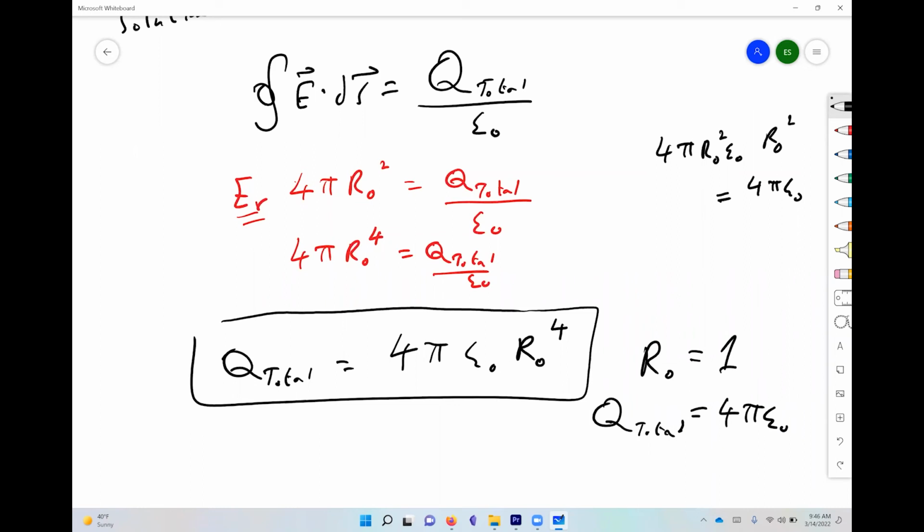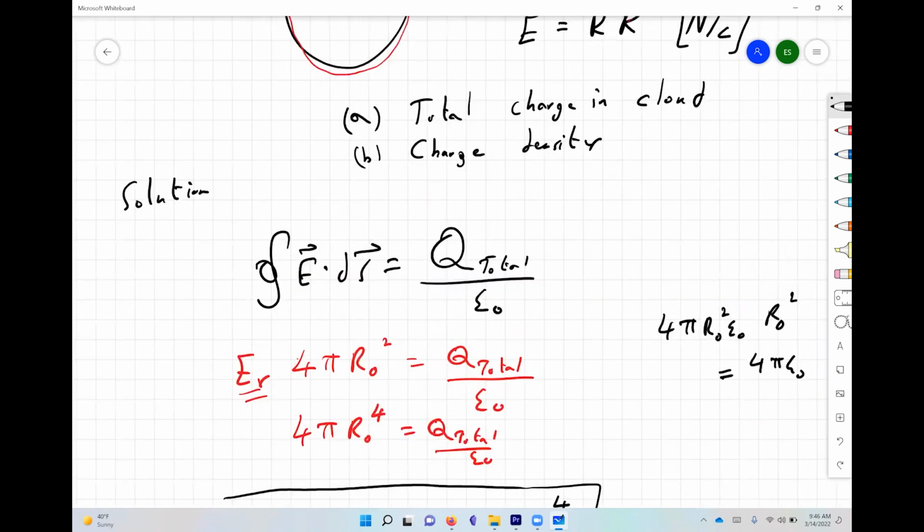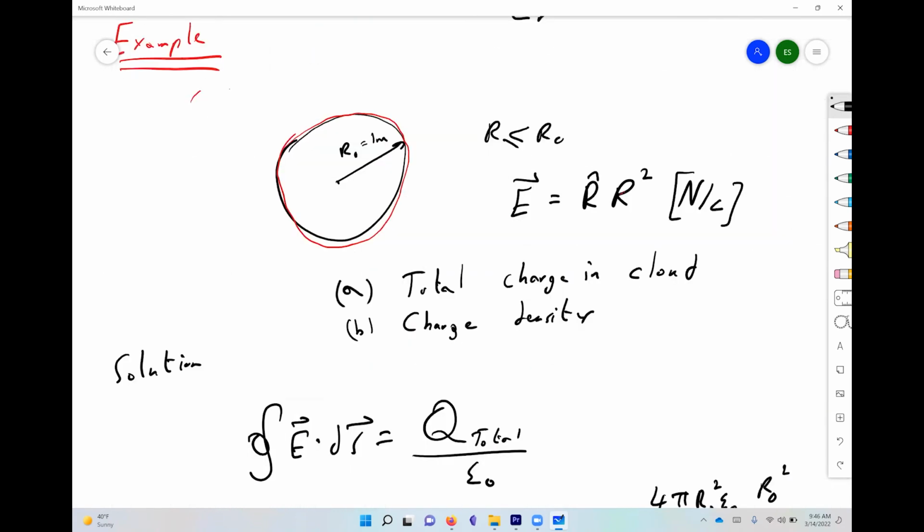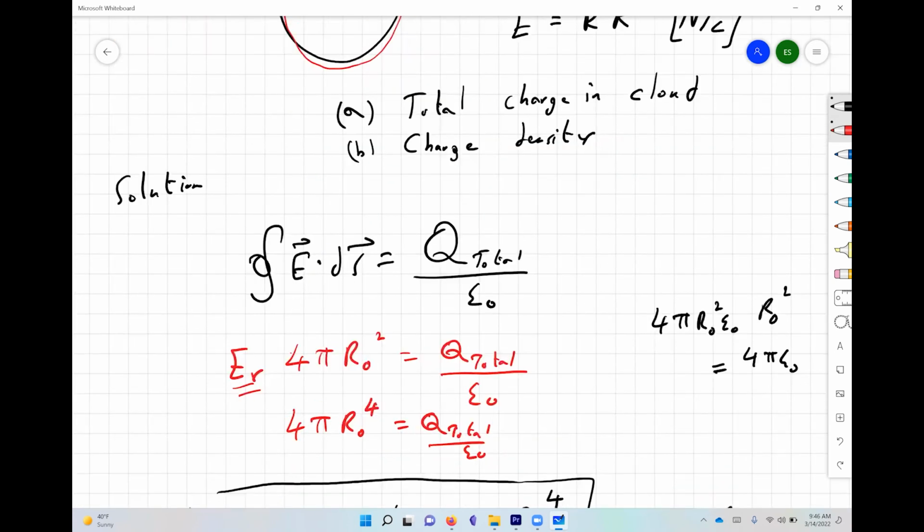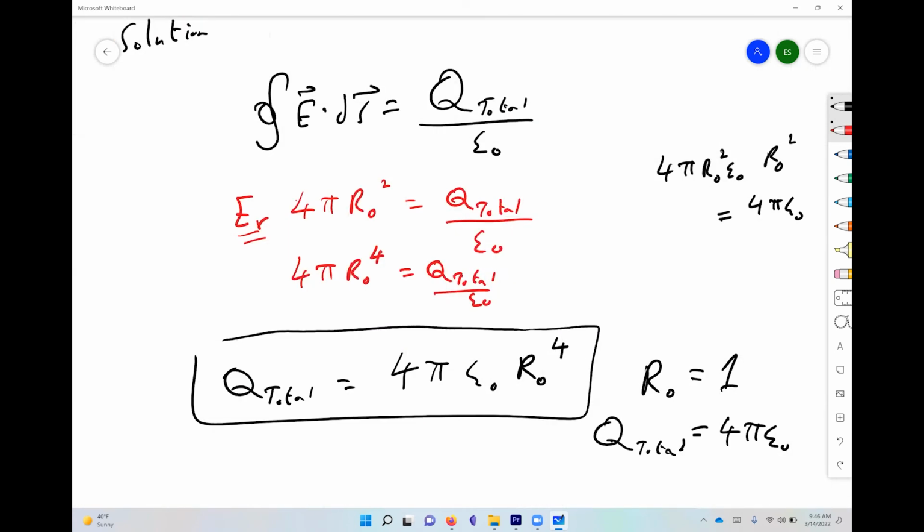There are 2 ways actually to calculate the charge distribution. One way is to assume that the essentially the easiest way to calculate. The book goes through 2 methods. It's really the same, but one is more complicated than the other.